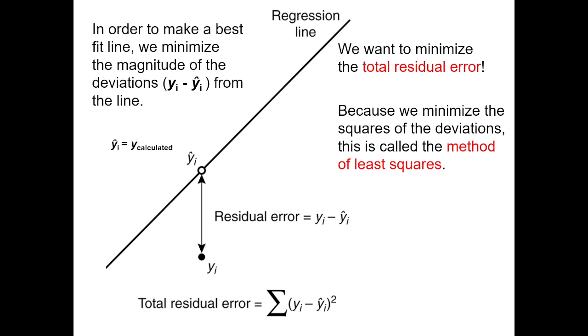So in order to make a best fit line, we're going to minimize the magnitude of the deviations of yi minus yi hat from the line, i.e., you'll minimize the deviation from the line to your data points in the y coordinate, okay? Which is why I keep stressing that your error, your fit, is all calculated from your y coordinates, right?